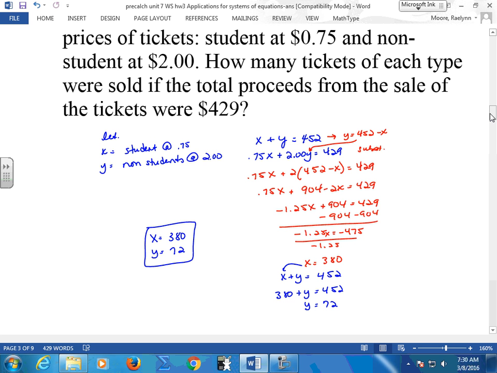Make sure somewhere you have a let statement, and somewhere you bring it back to where your answer is. If you give me your let statement in terms of students, non-students, when you give me this, I will know they're students. So again, just make sure you come back to some answer. Don't leave that in there for me to find. I'm having trouble finding and following everything else.